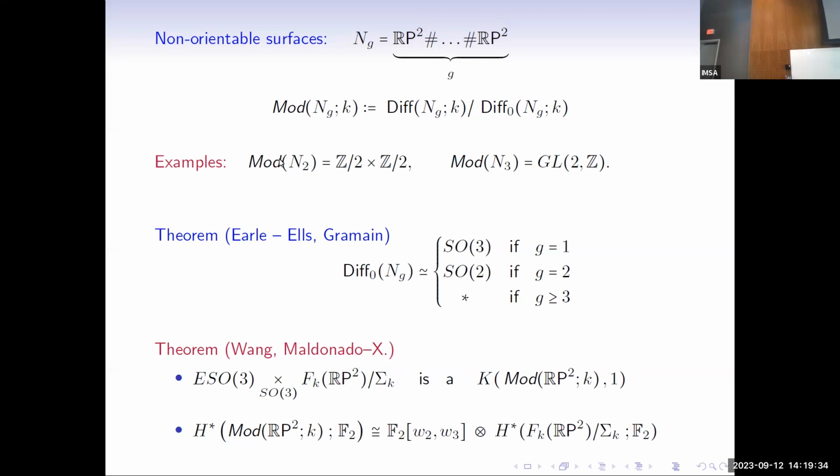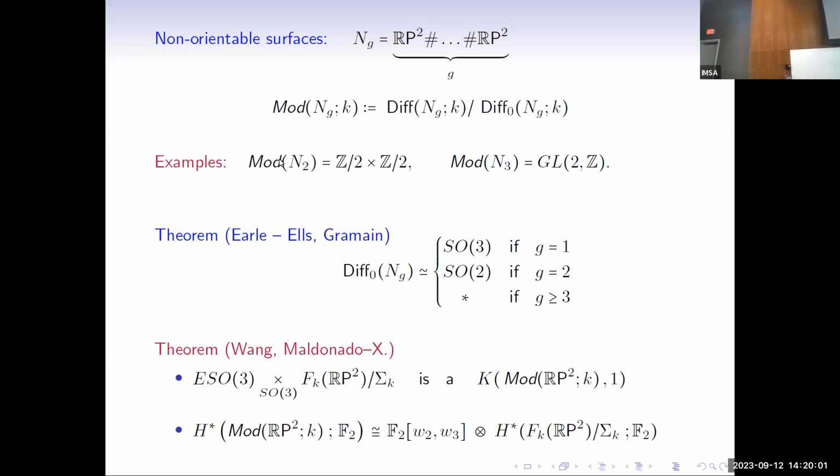So as I was saying, I like to play with the configuration space of k distinct points in a manifold, and this is by definition the space of k-tuples of points in M which are pairwise disjoint, right?